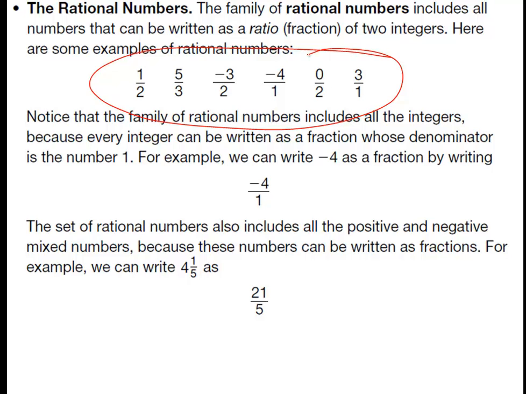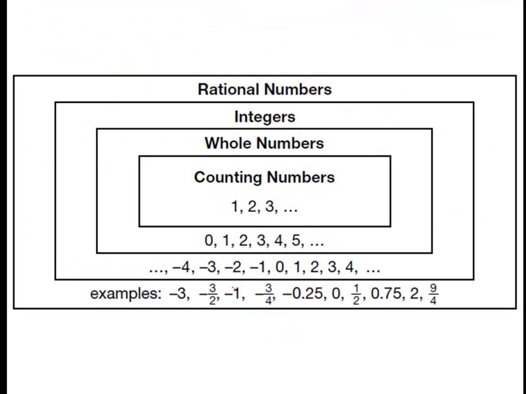So -4 over 1 is a rational number, and -4 is an integer. They also include mixed numbers, because mixed numbers can be converted into rational numbers, where 4 1/5 becomes 21 over 5. So let's take a look at this in a graph to see how it looks.